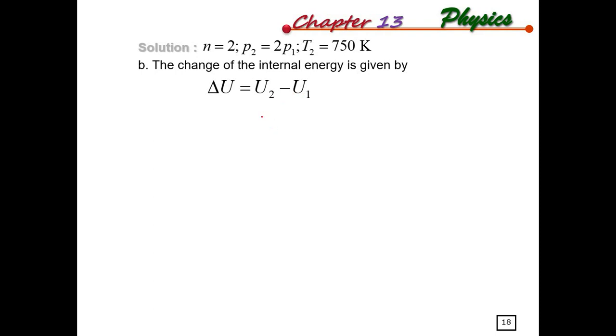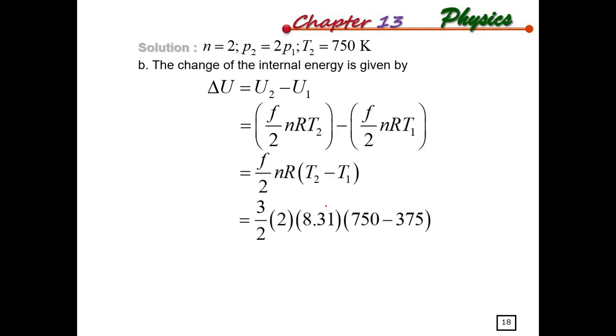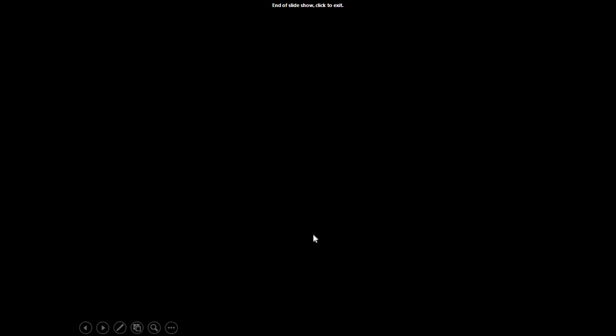We substitute U in the equation: the final internal energy is f over 2 times nRT2, where T2 is the final temperature, minus f over 2 nRT1, where T1 is the initial temperature. Substituting the numbers, we get the change in internal energy is 9.35 times 10 to the power of 3 joule. Okay, that's all, class.